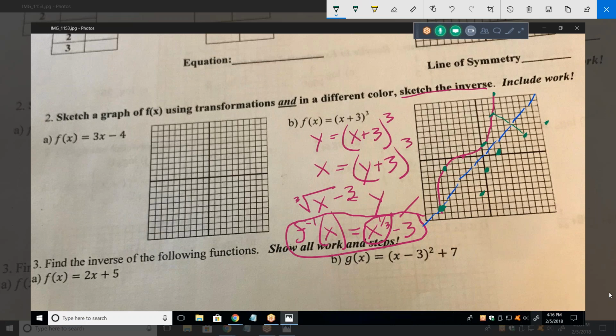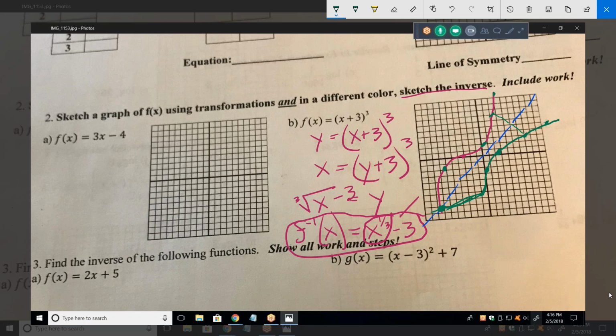Now I'm going to connect those dots. And there is a pretty darn good sketch of the inverse. If you look at that inverse function, you will notice that it is x to the 1/3 shifted down by 3 units.